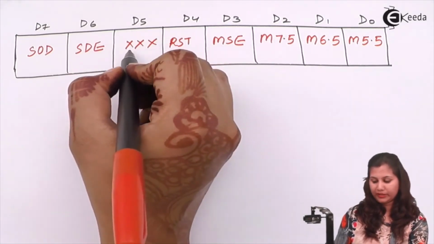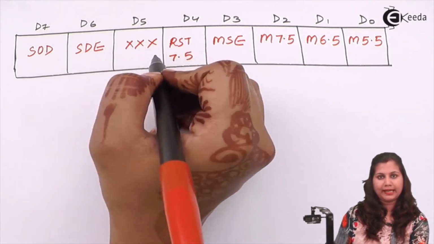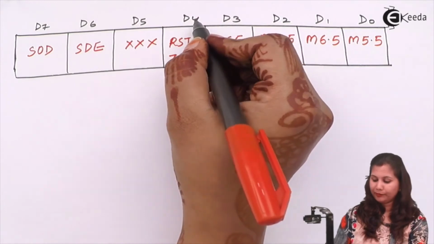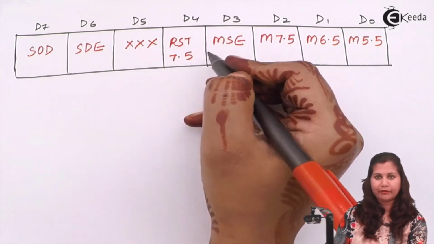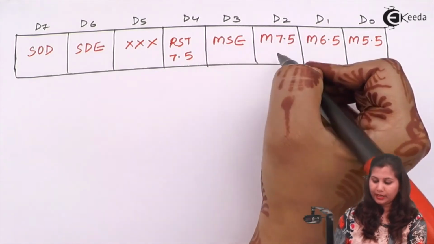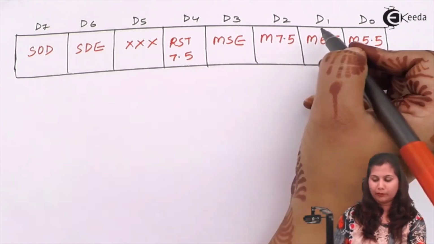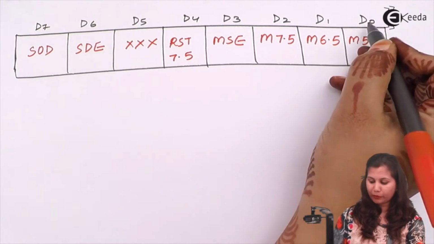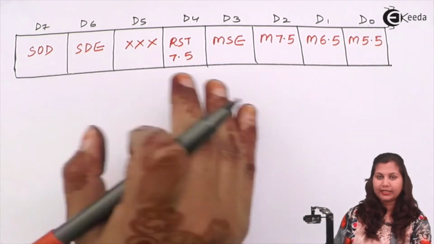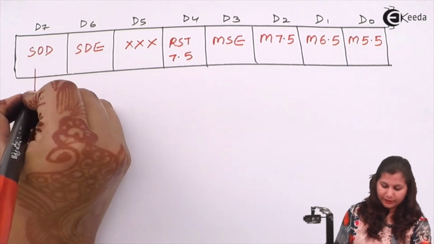Don't care bits are represented by X, meaning whether the bit is 0 or 1, it doesn't matter. Now D4 is RST 7.5, D3 is MSE, mask set enable, D2 is mask 7.5, D1 is mask 6.5 and D0 is mask 5.5. Let us see the explanation for each of these bits.